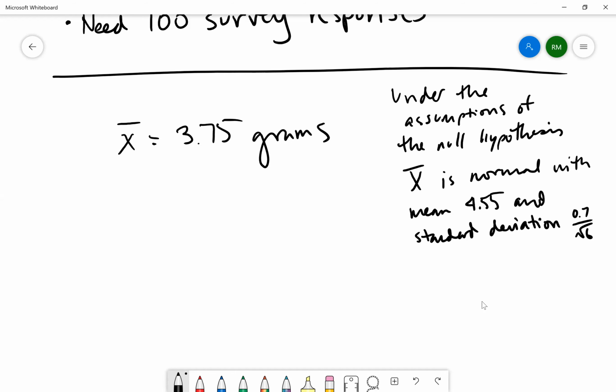All right, so we want to know what's the probability that X bar is less than 3.75.